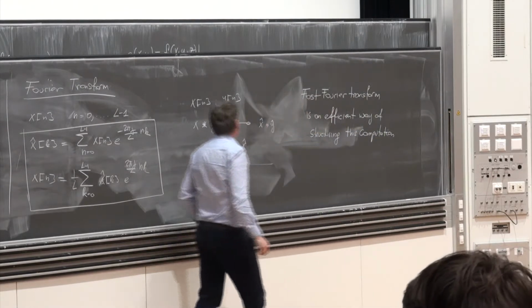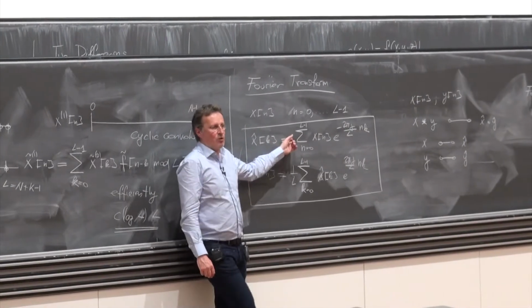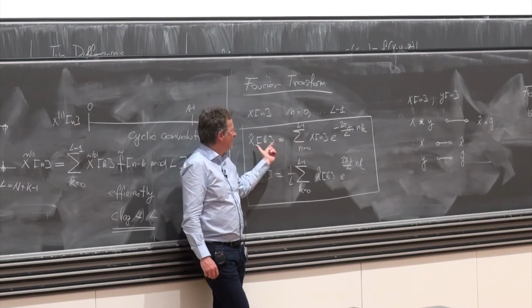So the statement is this can be computed in a form that looks a little bit different than that. It's a recursive algorithm for how you can compute this.